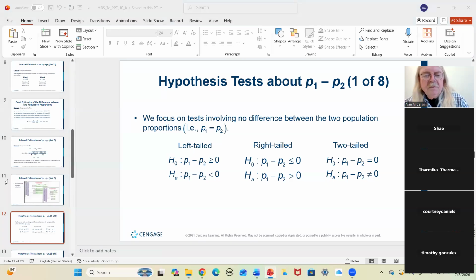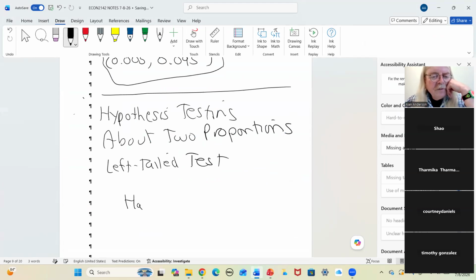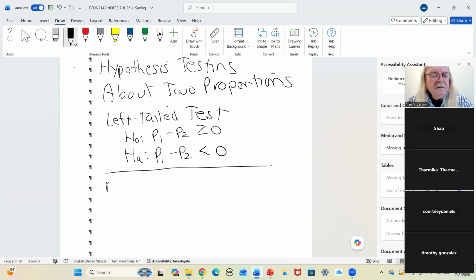Okay, so might as well write them all down. Once again, the left refers to the alternative hypothesis because it shows us where the rejection region is. Then the right tail test.